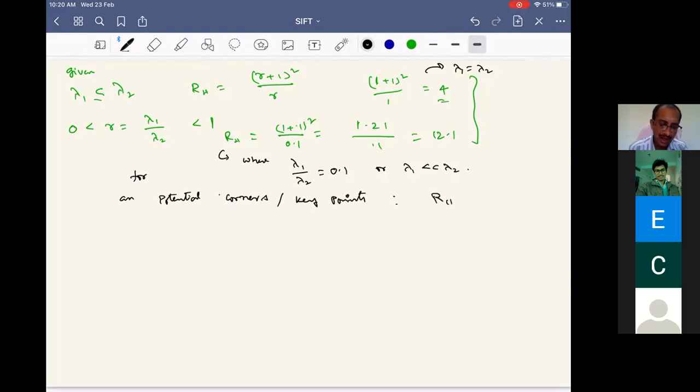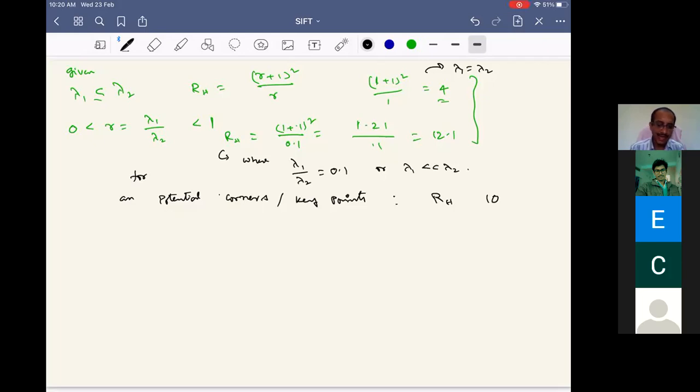RH has to be how much? If I put a threshold of 10, some threshold I can put, should it be less than or equal to, or greater than or equal to, for a corner pixel or a potential key point? Should it be less than or equal to 10 or greater than or equal to 10?